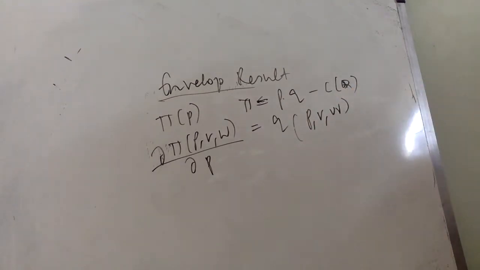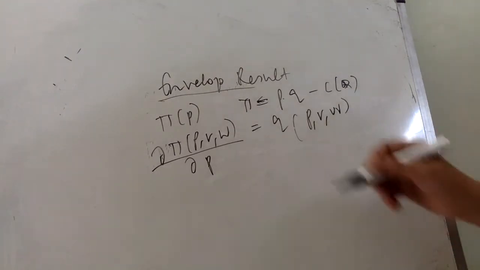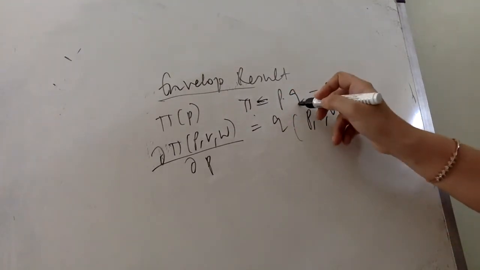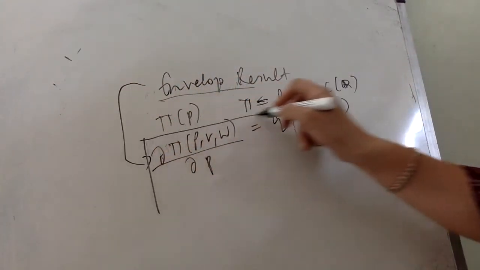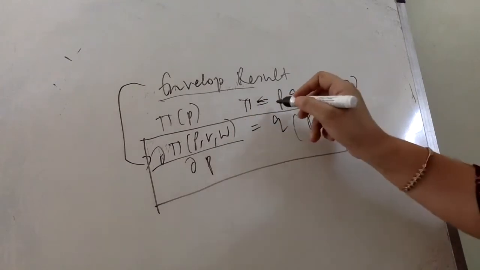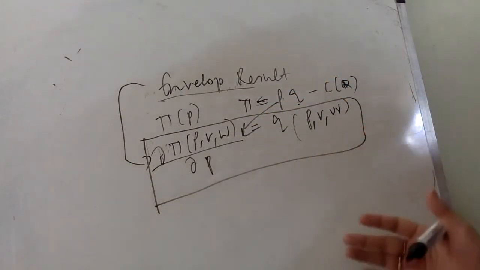Usually, to optimize my profit and to get an optimum quantity and therefore the optimum condition, we differentiate profit with respect to Q. But specifically for the envelope result, we differentiate profit with respect to the price here. Remember this: for optimization we don't differentiate with respect to the price.